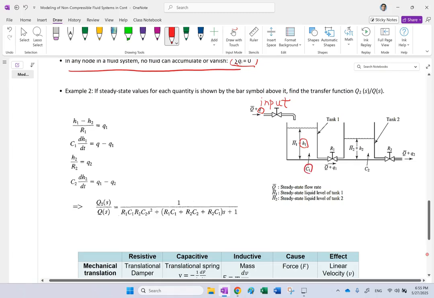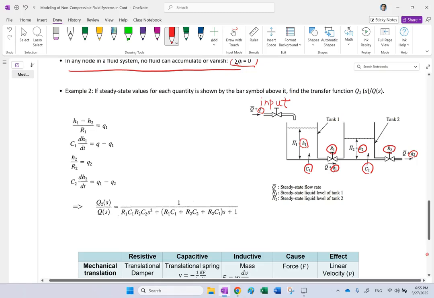The first valve sends the fluid to the second tank; the change in the flow rate of it is Q1, and its resistance is R1. The second tank has the change in height H2, a capacitance C2, and then finally there is an exit valve which has the flow rate change of Q2 and the resistance of R2.